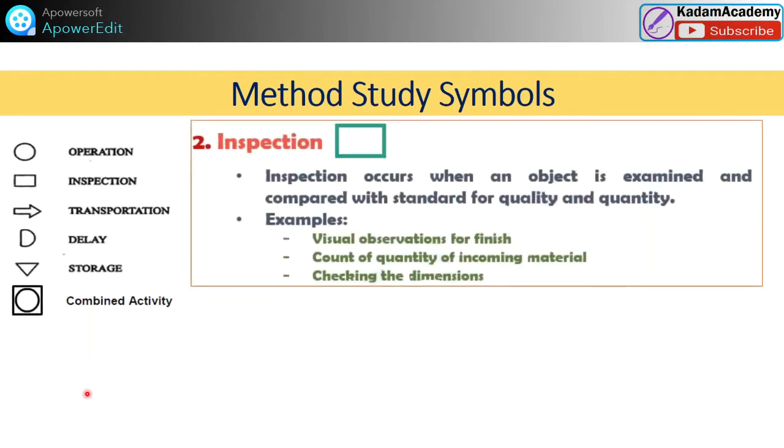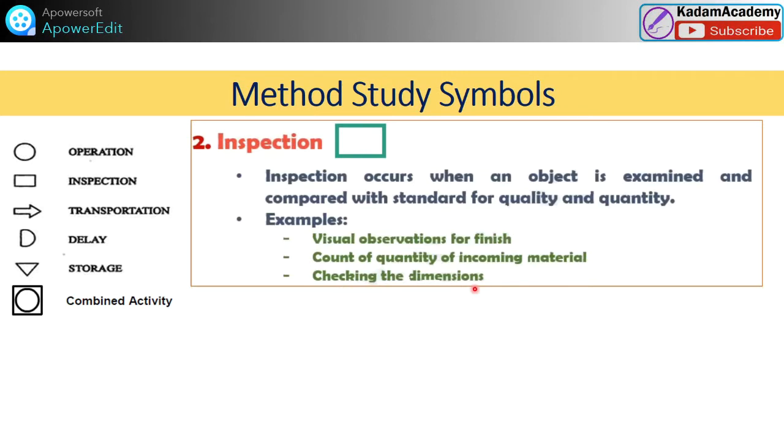Similarly, next is the inspection. Inspection is represented by a rectangle, and it occurs when an object is examined and compared with standards for quality and quantity. For example, visual observation of finish, a count of the quantity of incoming material, checking the dimensions.